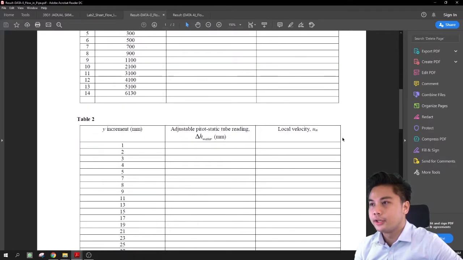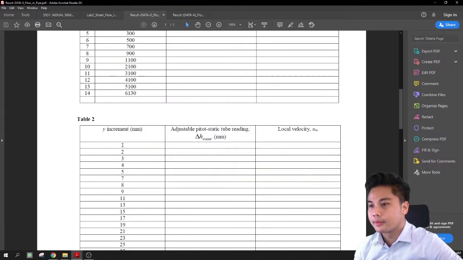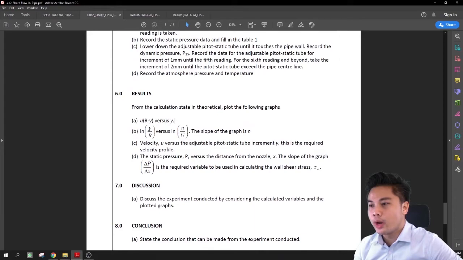In this part, U multiplied by (R minus Y), another column, in order to plot part A: U(R minus Y) versus Y. And then ln Y over R versus ln U over U max, another column.